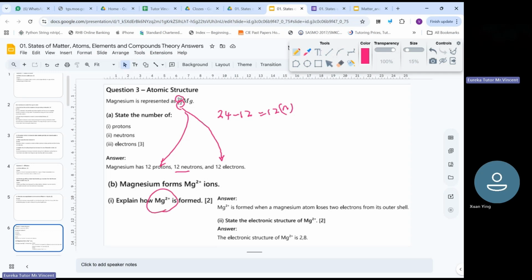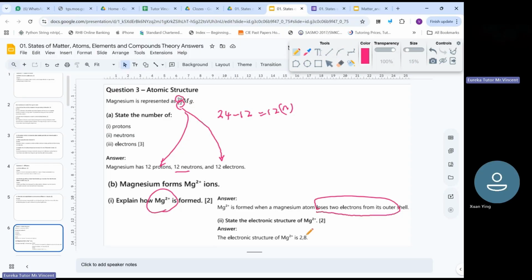You can say that the magnesium atom loses 2 electrons from its outer shell. Key point, you lose the electrons. Then you are not neutral anymore, right? So you become 2+. And then the question asks you to write the electronic structure for this one.